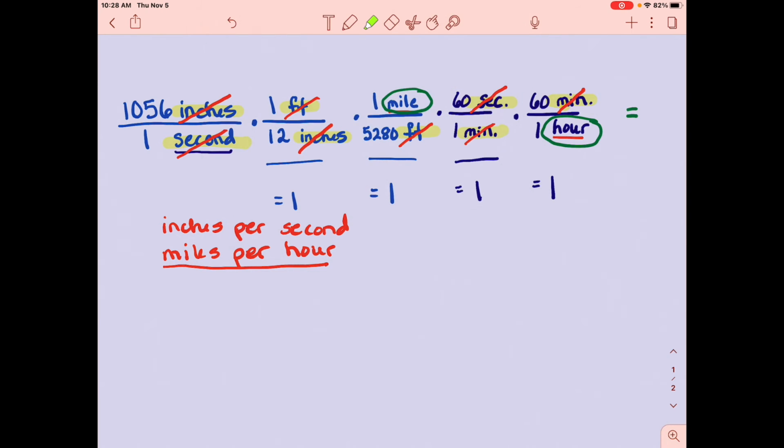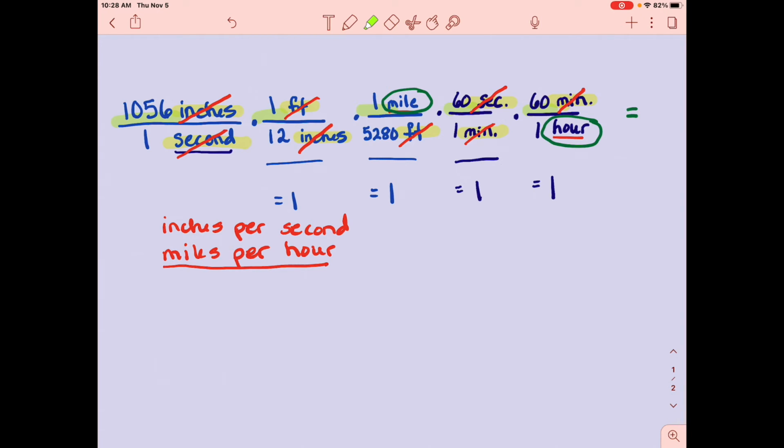I'm going to multiply this number times this number times this number times this number times this number. So I'm going to do 1056 times 1 times 1 times 60 times 60.